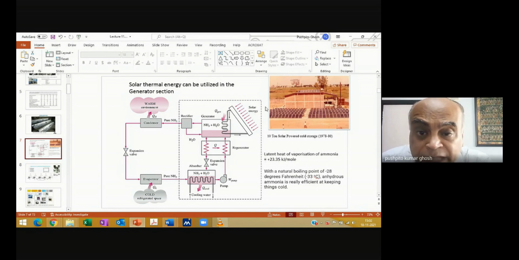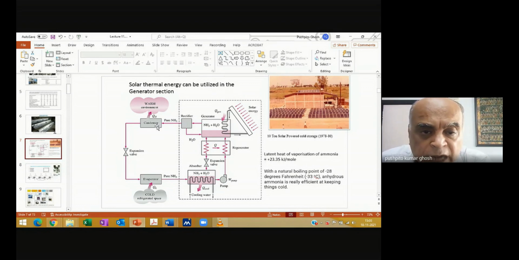That's also the reason why it's very important that you put in solar energy with the maximum temperature that you can. Because if it's a very modest temperature, then the heat transfer from here to here will be poor.